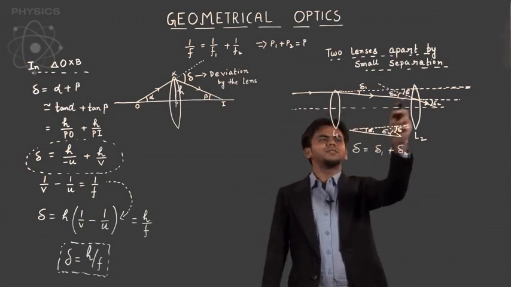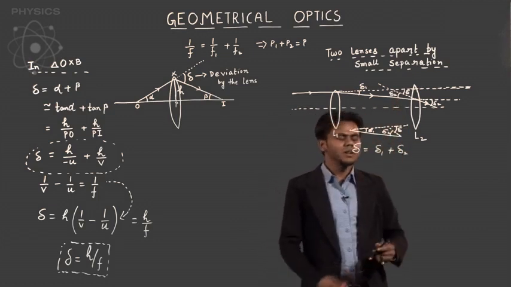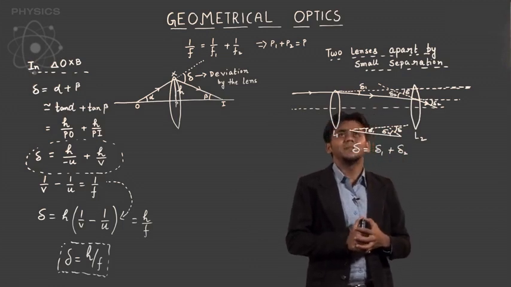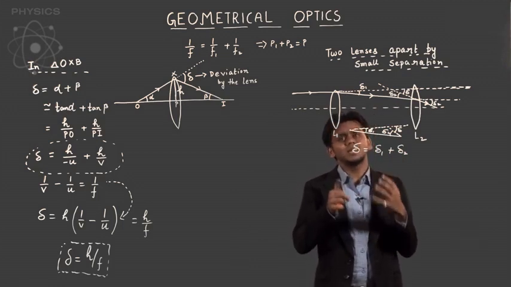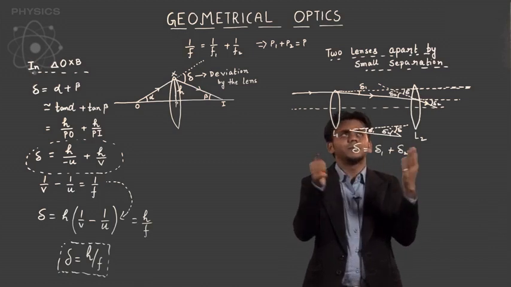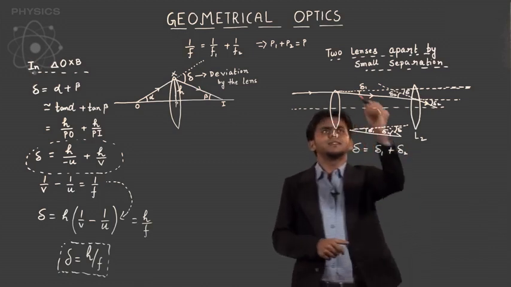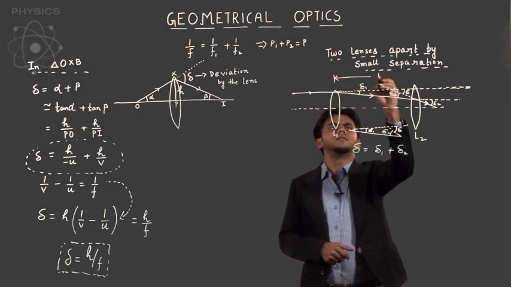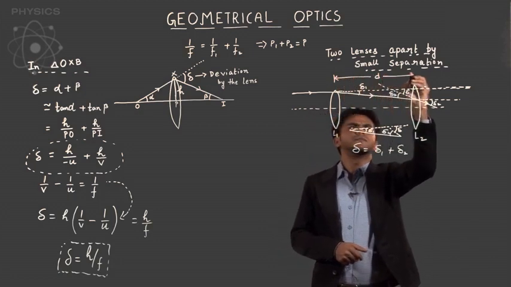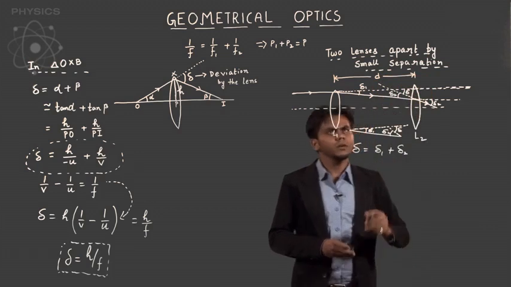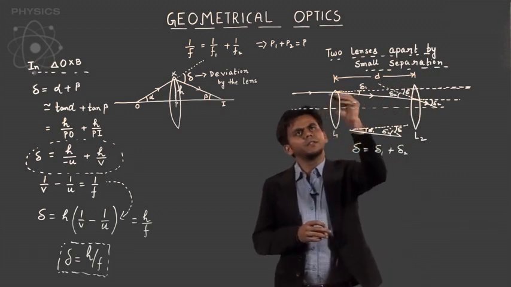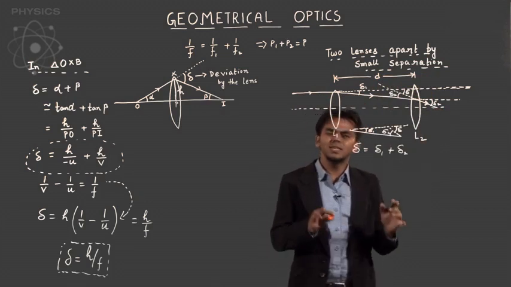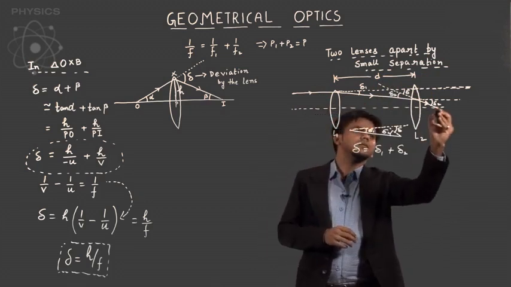I have drawn this triangle over here. Now, I need to find what happens when these two lenses are separated by small distance. Let that distance be D. I know that if this is parallel ray and meeting at this point, this actually is the resultant focus.